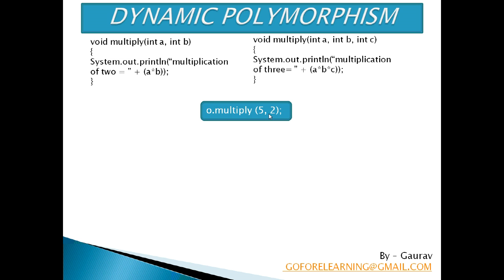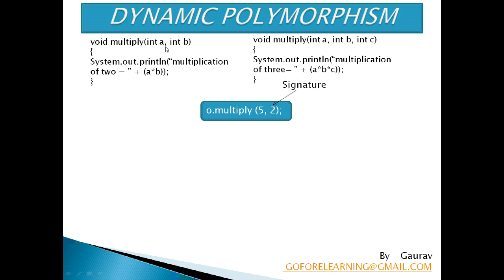When both the methods have the same name, the JVM observes the signature of the method, which has two parameters like 5, 2. What is a method signature? Method signature represents the method name along with the method parameters. When there is a difference in the method signature, the JVM understands both methods are different and can call the right method.